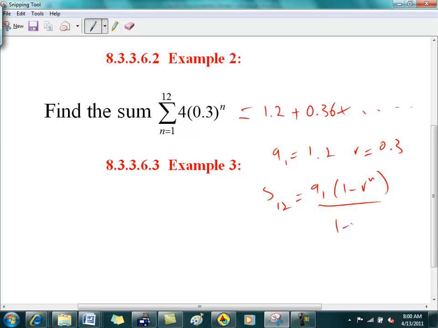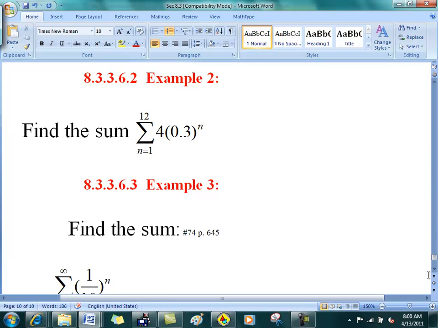You should get 1.71428, rounded to 4 places. Did everybody figure out the trap in here?